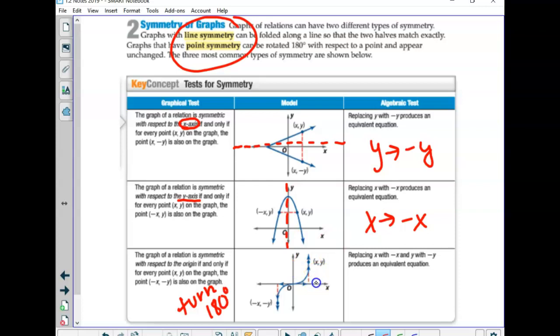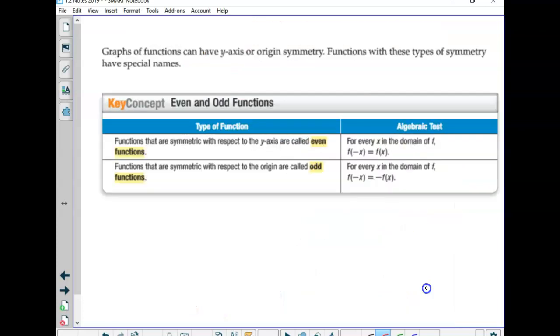It should look the same. Okay, so this one, you replace x with the opposite of x, and at the same time you replace y with the opposite of y to check, and then it has to be the same after you've done both of those things. Now we have a place to write this in just a second.